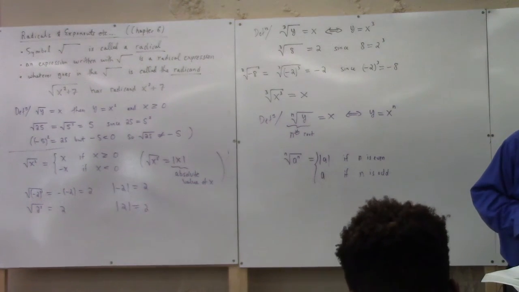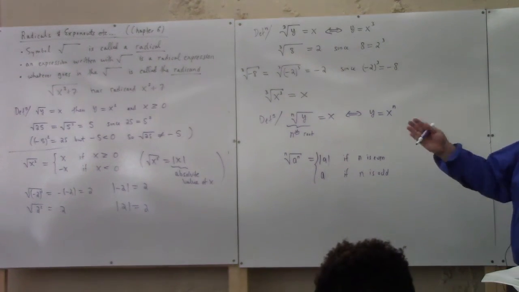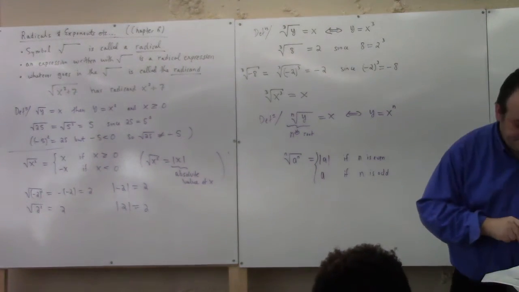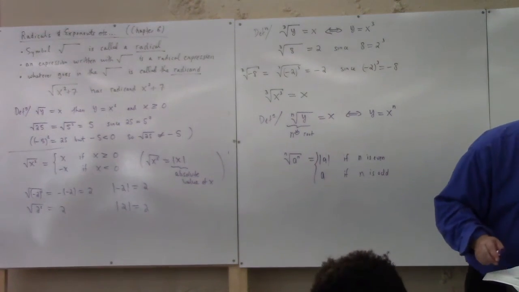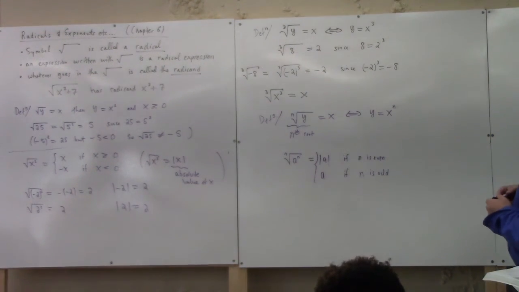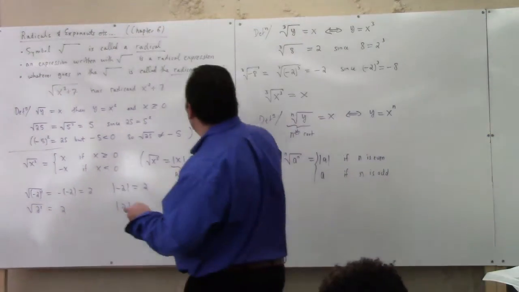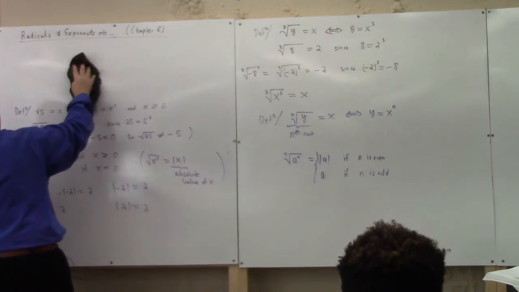It depends on whether you're looking at an even or an odd root. What we already saw happen with 2 and 3 continues to happen for higher numbers. All right, so what are the properties of, let's see here.